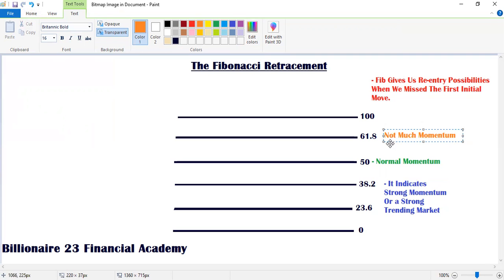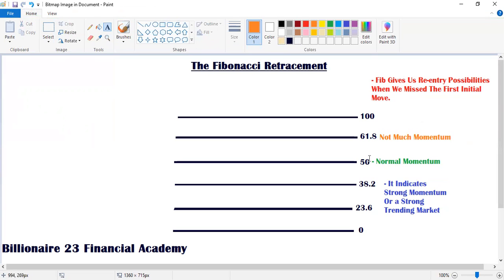There's actually a trick to these fibs. 50% is not as significant as 61.8 or 38.2. Even though the market bounces at 50%, it doesn't carry as much weight as 61.8 or 38.2. Whenever the market bounces on 61.8, you could potentially have a stronger trend compared to price bouncing off 50. Even though 61.8 is not as strong as 38.2, most times it is stronger than 50.